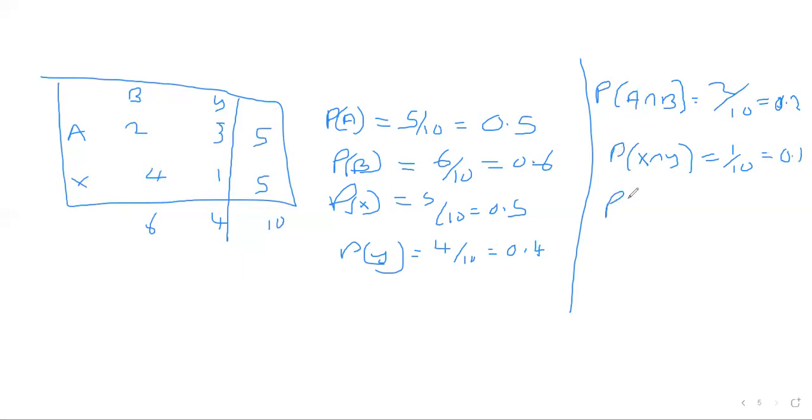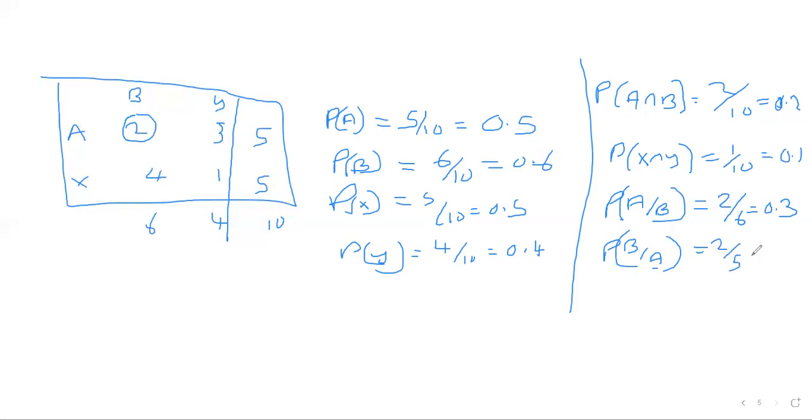But when you're looking at A given B, you still go where they meet. A and B, they meet at 2. But the total for the bottom letter, B, is 6. We're going to have 2 over 6, which is 0.33. Suppose we swapped it. We had B given A. They still meet at 2, but this time the total for A is 5.